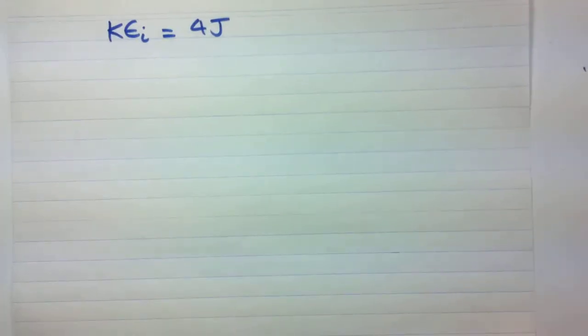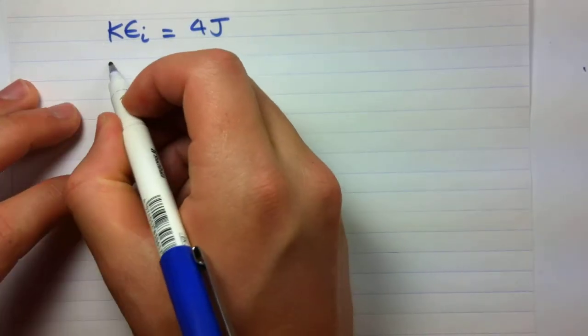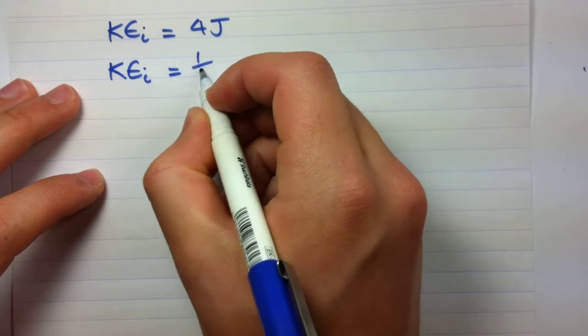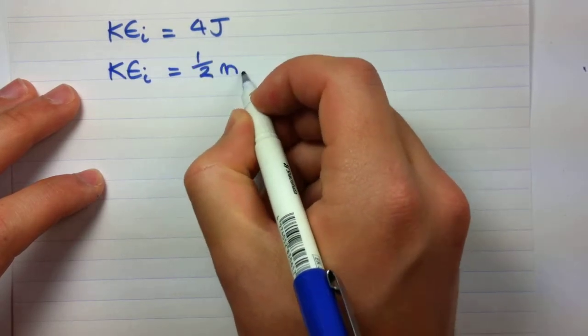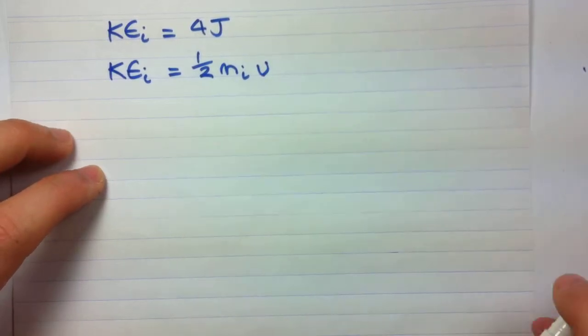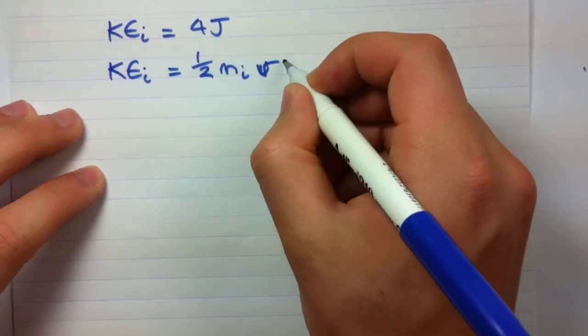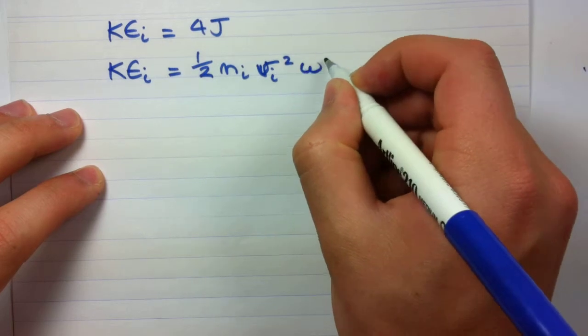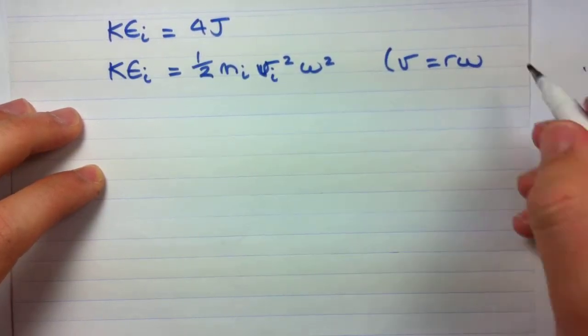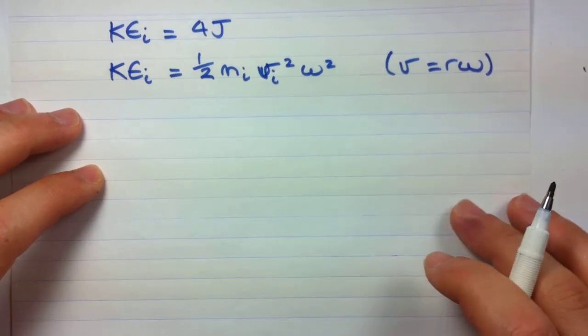We also have this formula, which we saw in a previous video. This gives r squared omega squared, because we can just sub that formula into our kinetic energy.